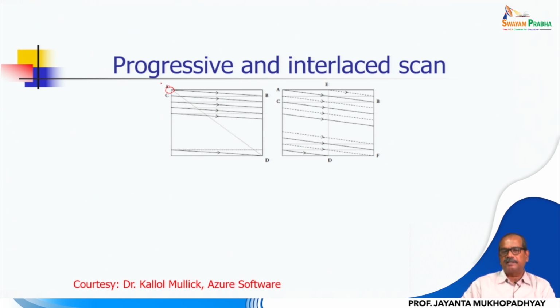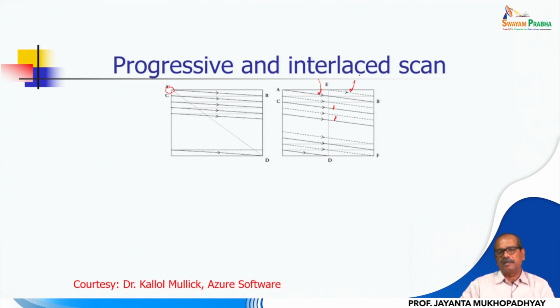Whereas for interlaced scan, we cover the zone very quickly by increasing the gap of horizontal scans. That means every even line is scanned in one go, then it retraces back, and then every odd line is scanned in the next pass.